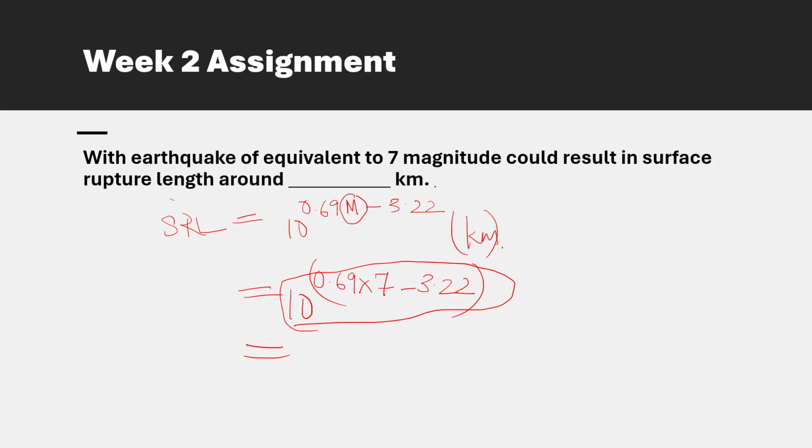Okay, so first you will just calculate this part. So this 0.69 into this part. When you calculate that, you will get 10 to the power 1.61. Okay. Now, let me just take my calculator so I can get the exact value.